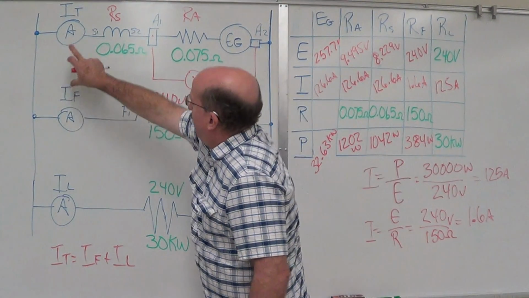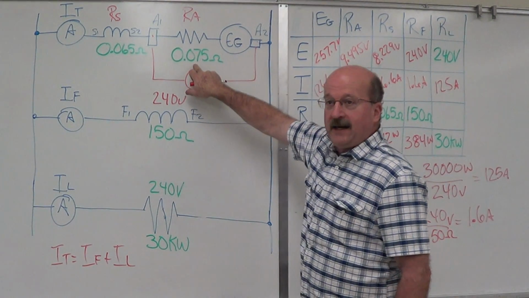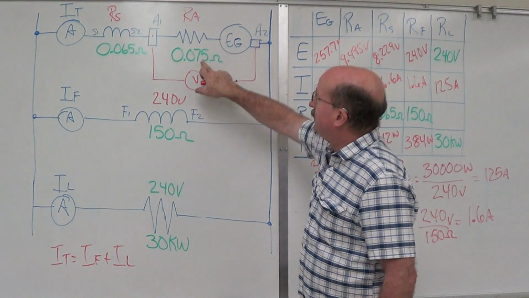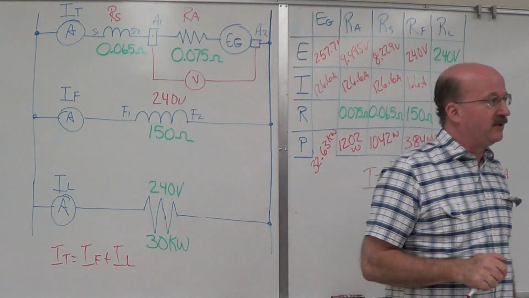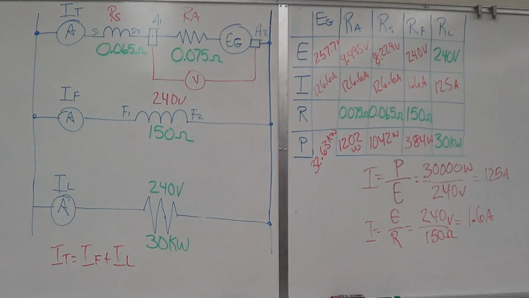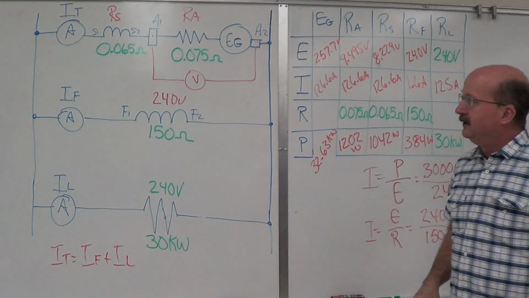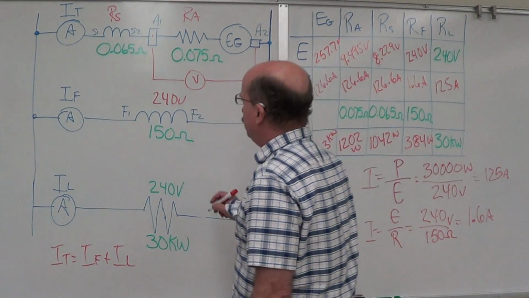You can come from the outside in, or you can look at the generated voltage minus the voltage drop in the armature, which is what will be presented to you at the brushes. So what are we looking at there for the brushes? 248.2.